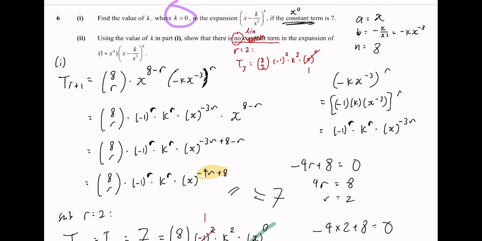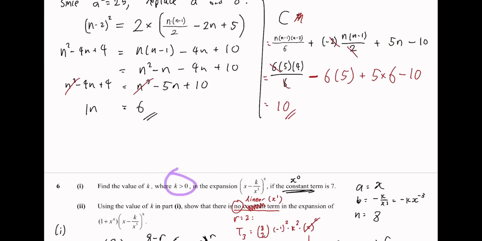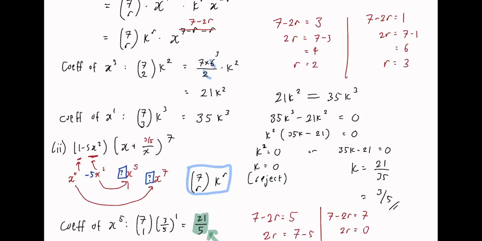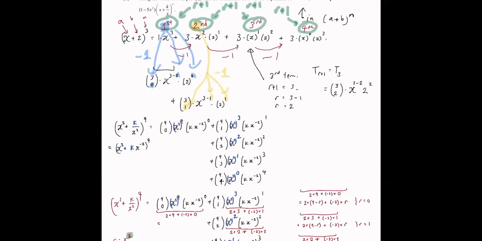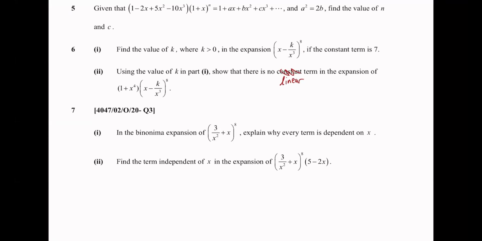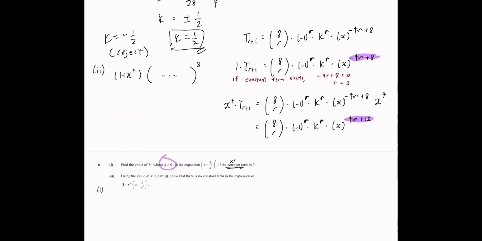Linear means x power 1. Okay, sorry, I'm changing the question. I'll edit this and send it to you. Show that there's no linear term. Okay, so let's redo the question with a slight modification. Instead of constant, we'll talk about linear.